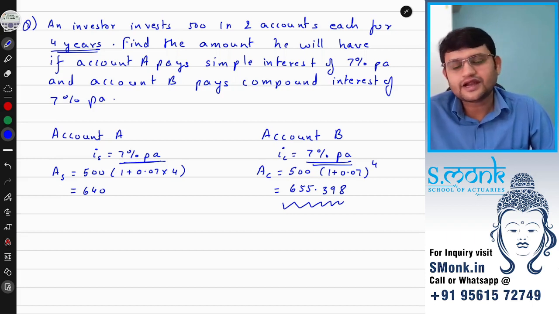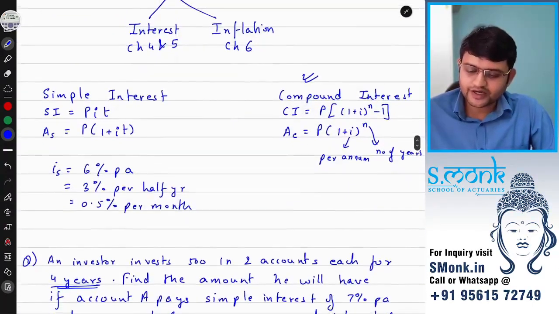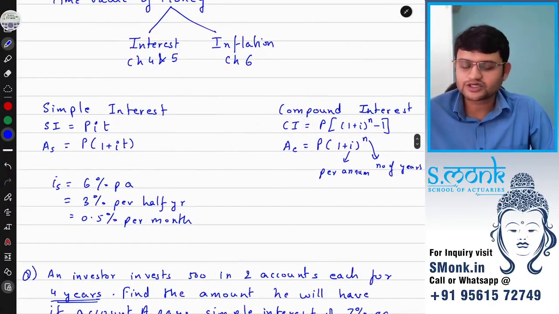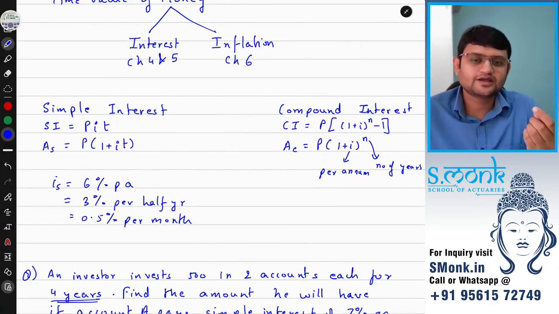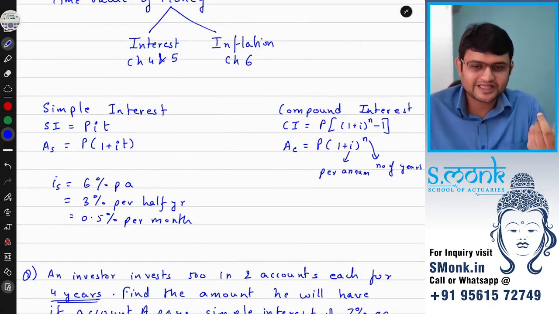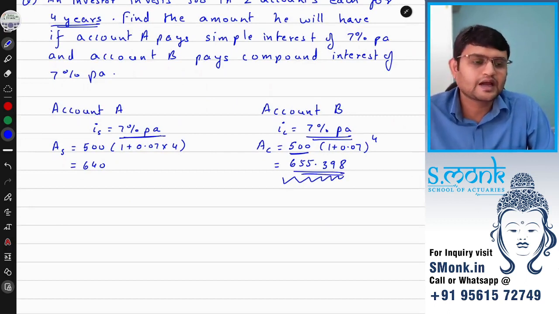Now, that is not the main reason. We study two different rates of interest not because compound interest has more interest, because if somebody is giving you interest, they have to pay out of their own pockets. Like you gave them 500 rupees, they gave you 655 back.